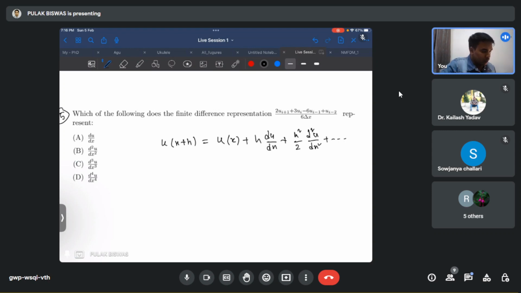You can write this in another way as well, like u n plus 1, u n plus h, or instead of h let me write delta x.